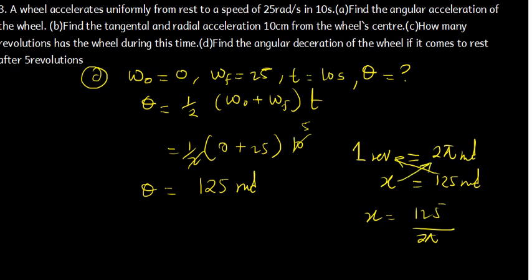So divide by 2 pi to remain with x. So 125 divided by 2 pi gives approximately 20 revolutions, because 125 divided by 2 pi itself gives 19.89, and I want to give it to a whole number, so we just say 20 revolutions.